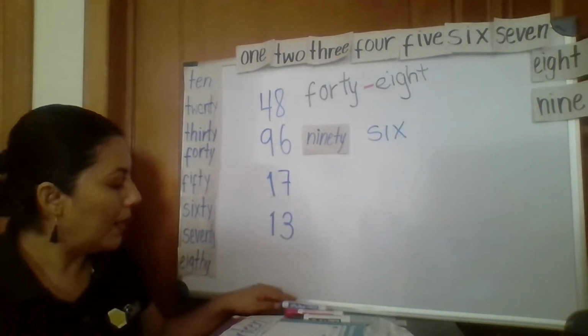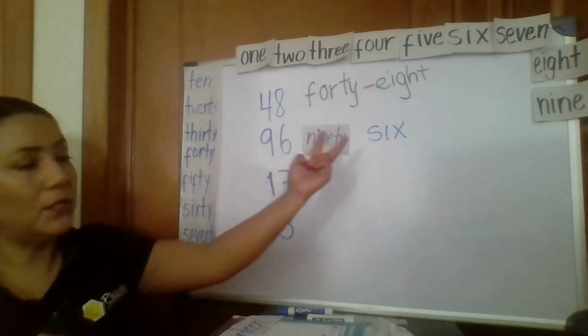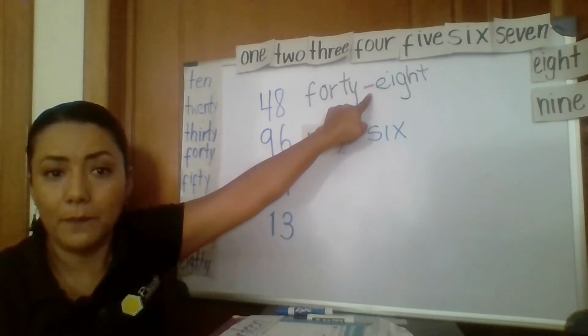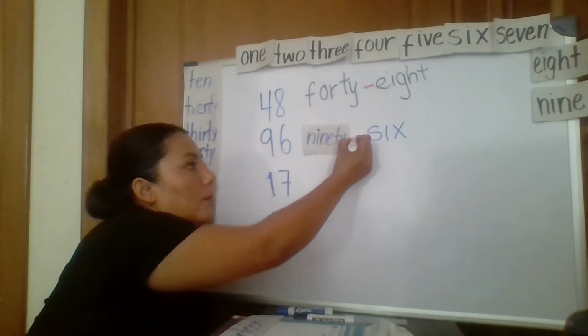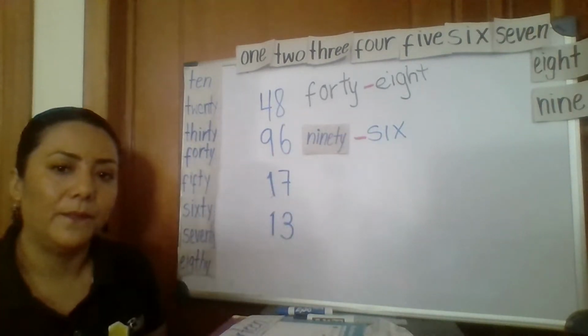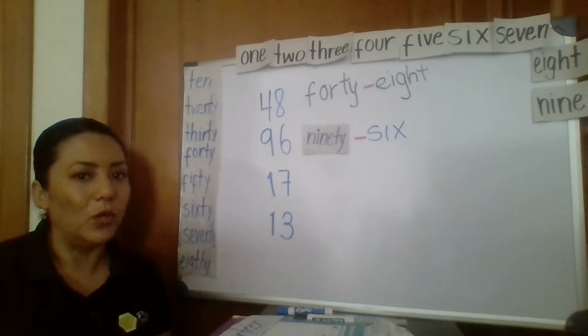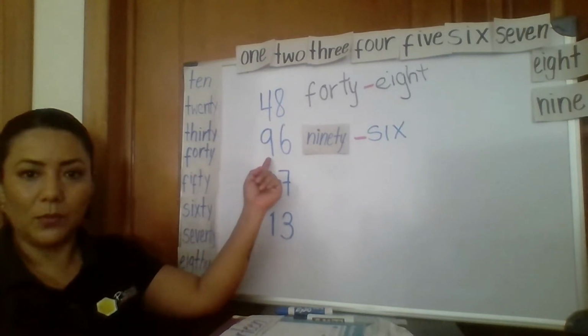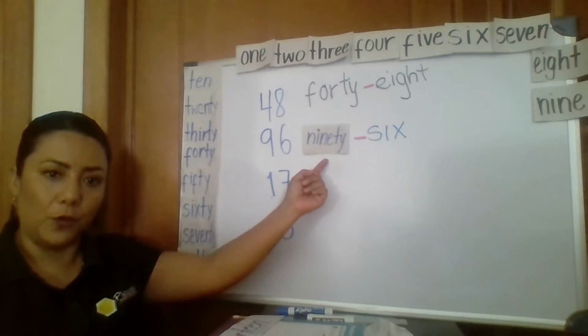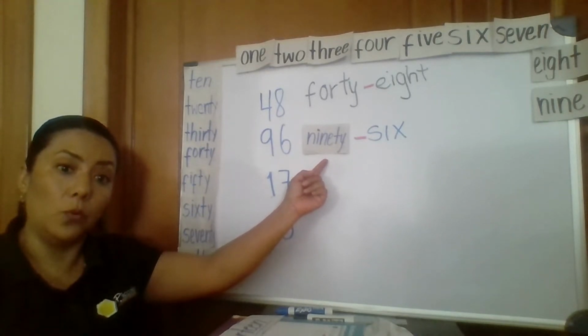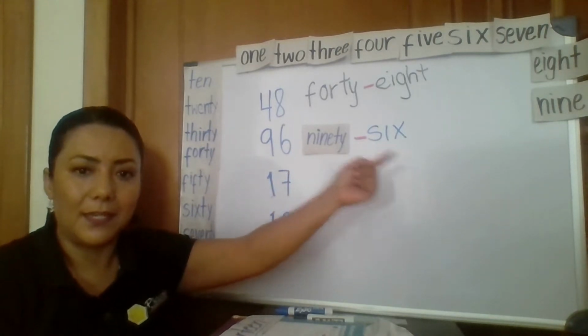Correct? What is missing between words? Remember? A hyphen. So, we write a hyphen. Now, the number word is correct. What number is this? 96. And this is the written form. When you write it in letters, in words, it is 96.